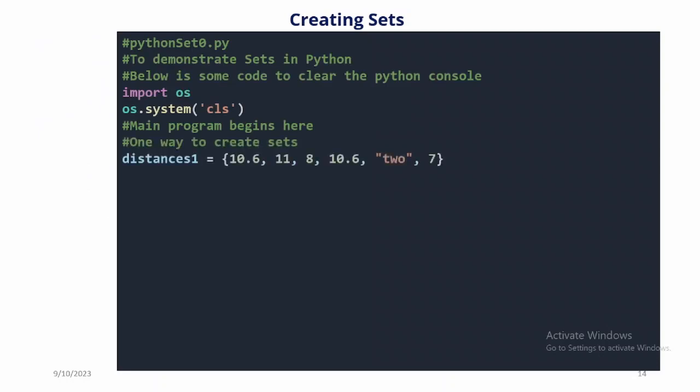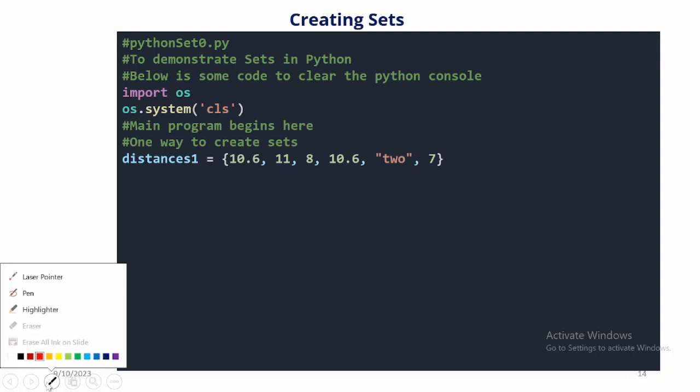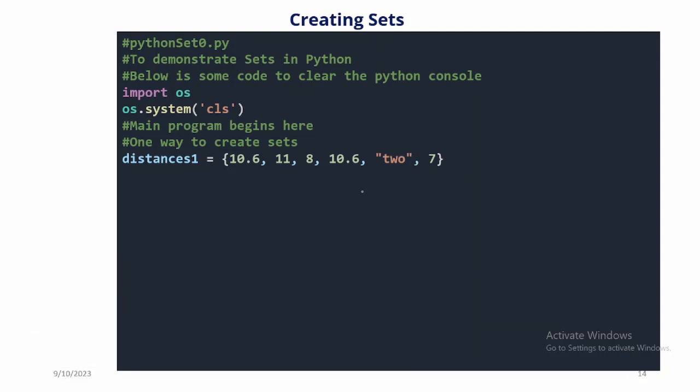One way to create sets is to create the set directly. So we create a set of distances. Call it distances 1, 10.6, 11, 8, 10.6 again, 2, 7. Recall that we said that set elements must be unique.